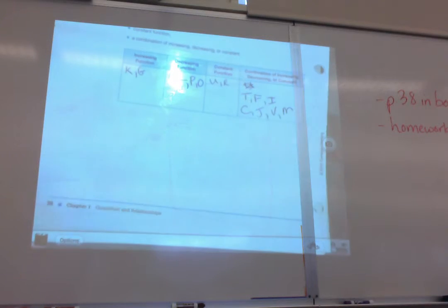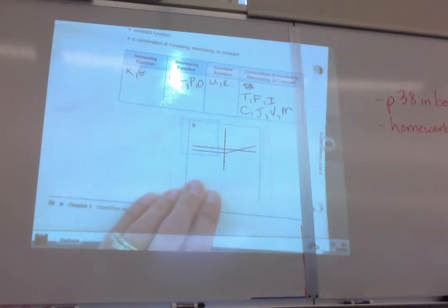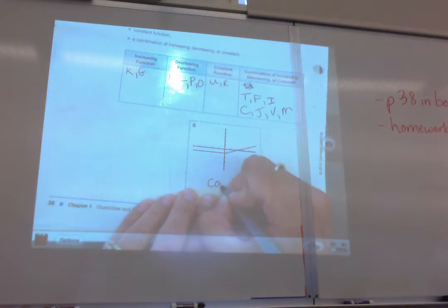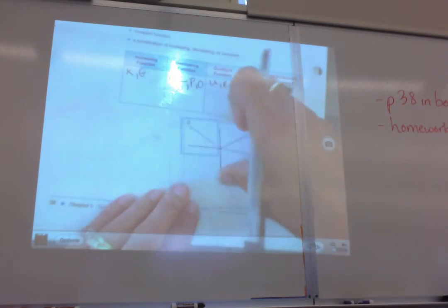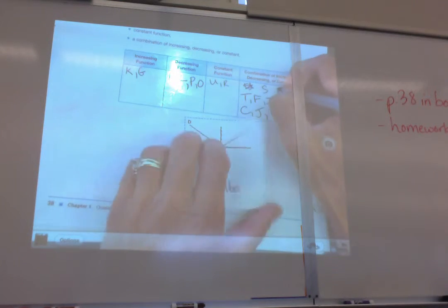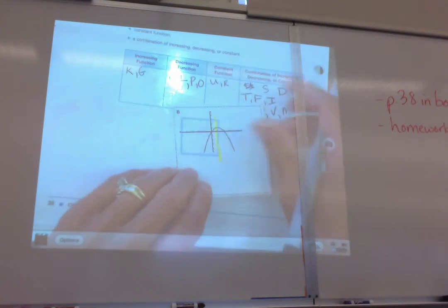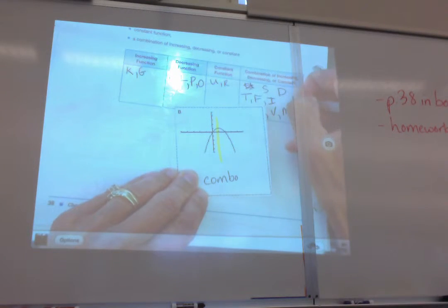And this one is called combo. Did we do this one already? I think it's combo. And then this one would be decrease.